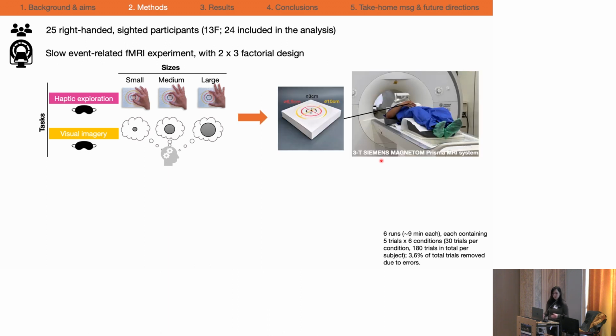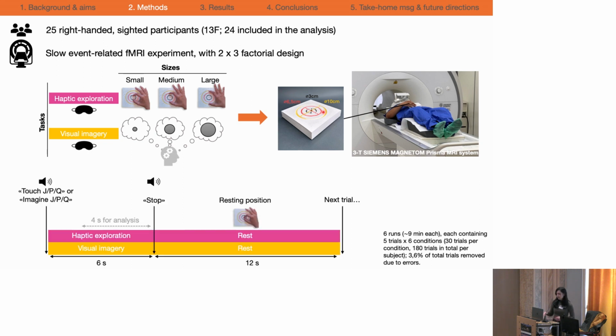The stimulus consisted of a 3D plastic tablet with 3 concentric circles engraved on its surface, and the tablet was placed above participants' abdomen while they were lying on the magnetic resonance bed. Here you can see the structure of our trials, which started with an auditory instruction indicating participants which task to perform, and also the target ring.